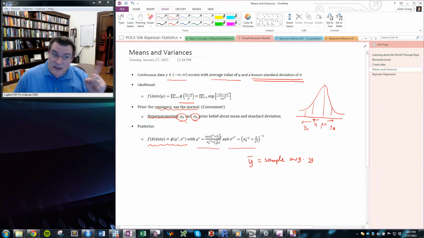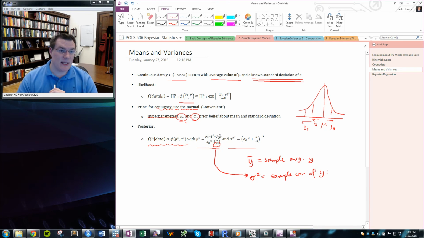And because we're considering sigma squared to be fixed and known, this sigma squared is actually the sample variance of y. We're just taking it from the sample, estimating it, and presuming it's known. That appears at several points in that formula.